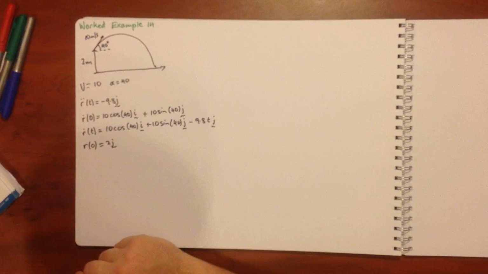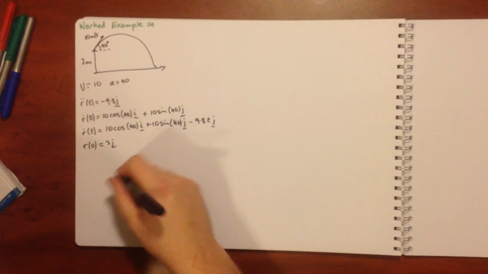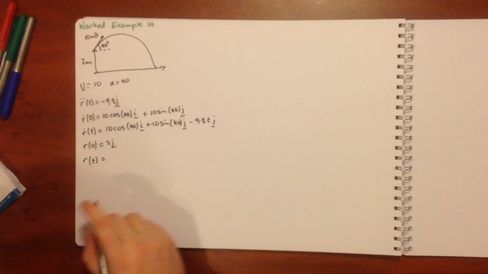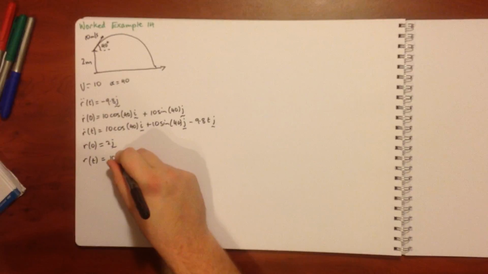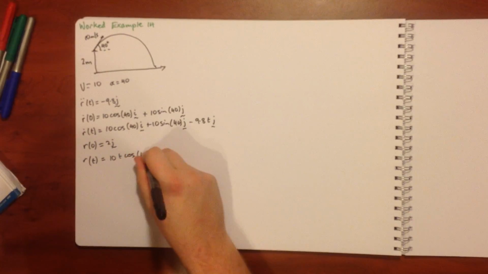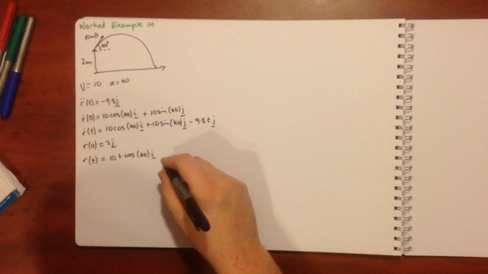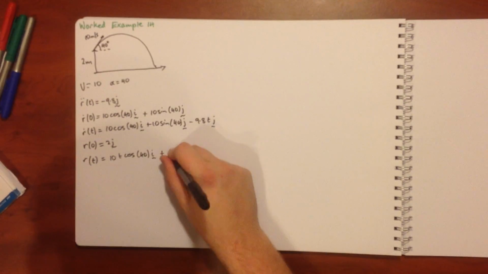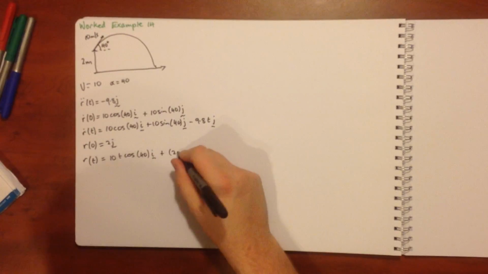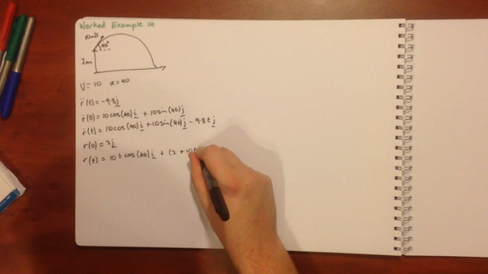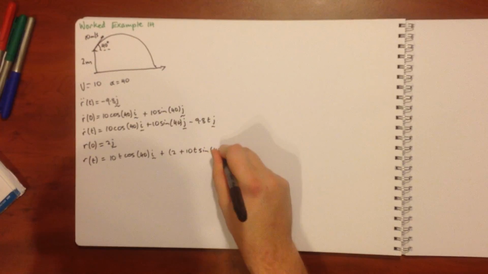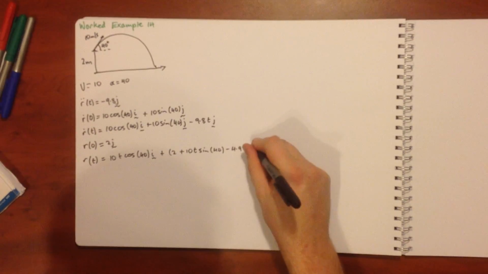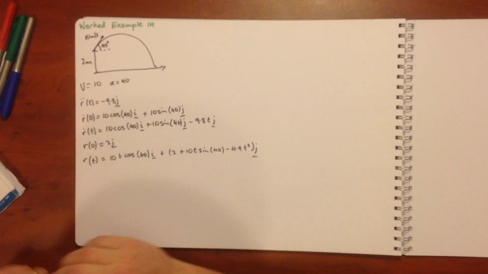So that means our r of t is 10t cos of 40 i plus our 2j from our value here, plus 10t sine of 40 minus 4.9t squared, j.